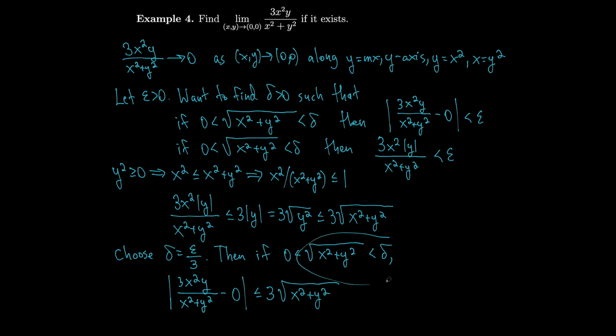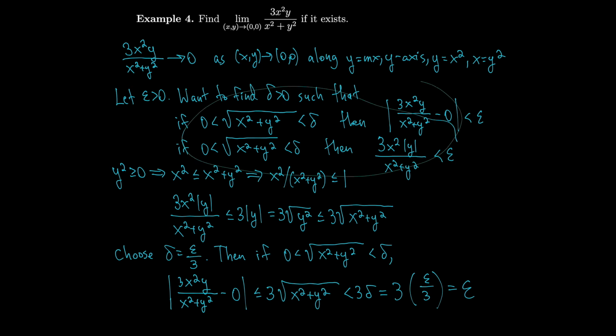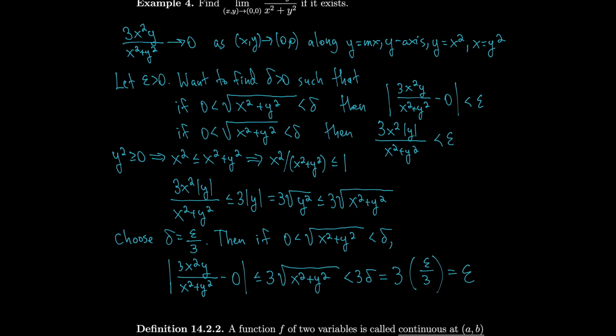But we're assuming that this thing is less than delta, so that makes this less than 3 delta. But we chose delta to be epsilon over 3, so that means that this is 3 times epsilon over 3, which is epsilon. Okay, perfect. So we just found a delta that forces this to be true. So that means that our limit actually is 0.